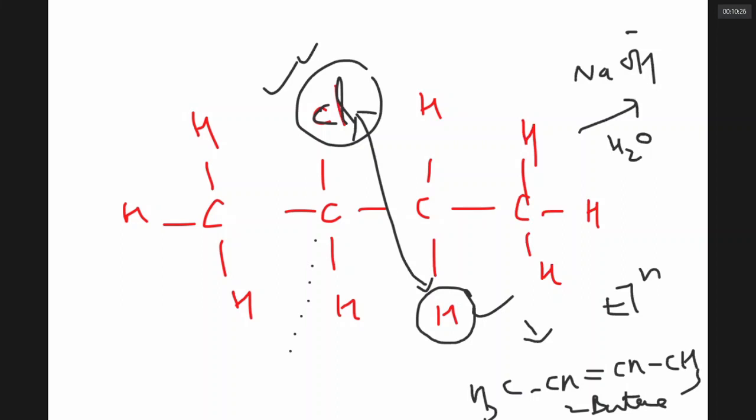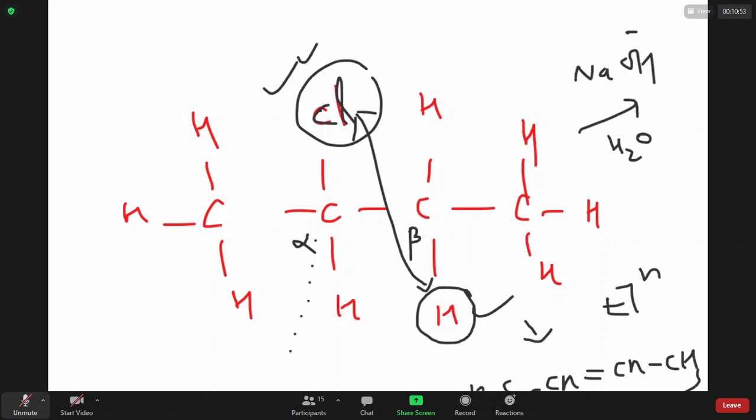Always the carbon to which halogen is linked is called alpha carbon. The next carbon is beta carbon. How many beta carbons does this compound have? Carefully observe how many beta carbons are there.